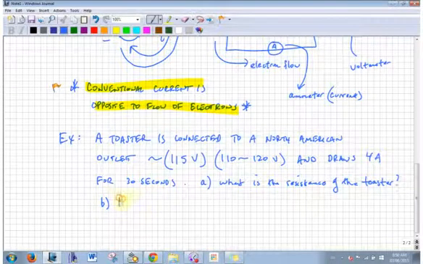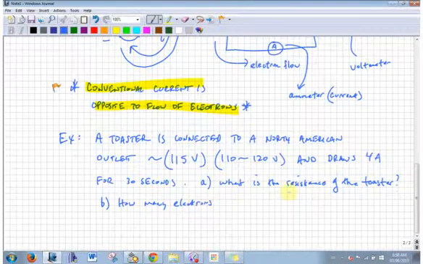B. How many electrons have flowed through the circuit?